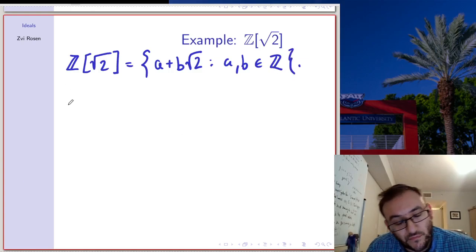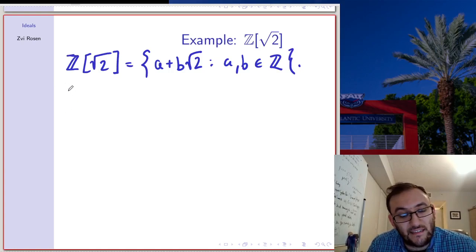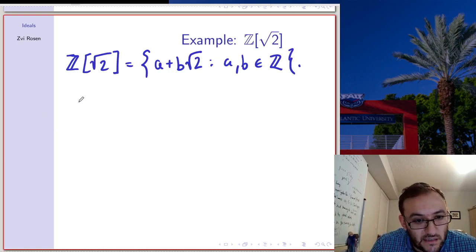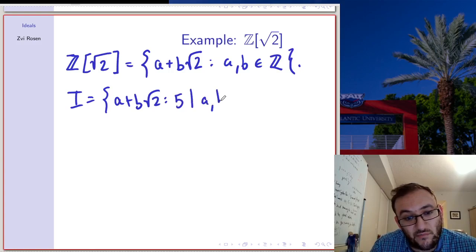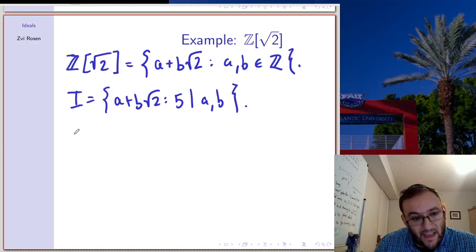And we're going to consider as an ideal here, I believe it's the subset, I equal to a plus b root 2 such that 5 divides a and b. And this is actually a maximal ideal.